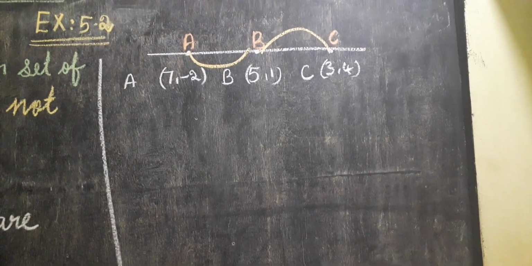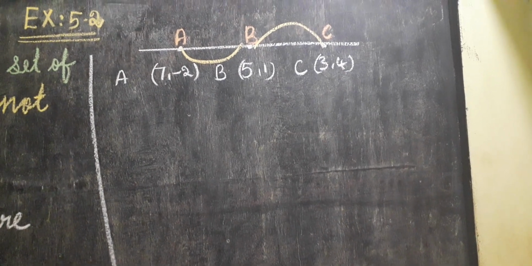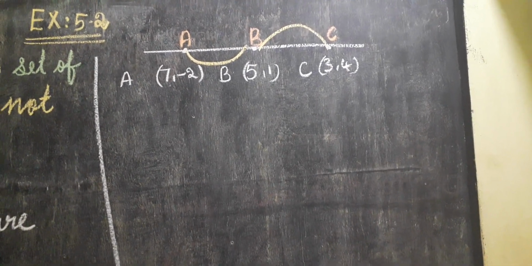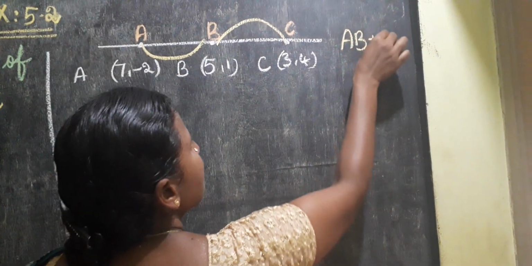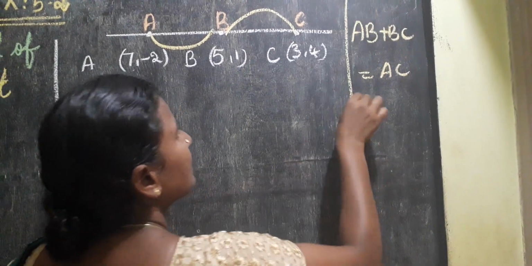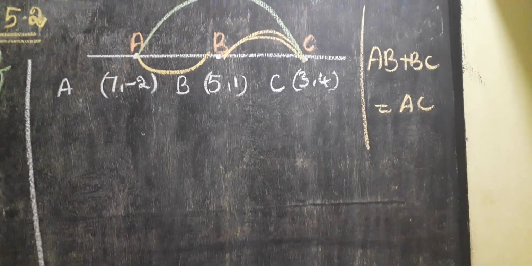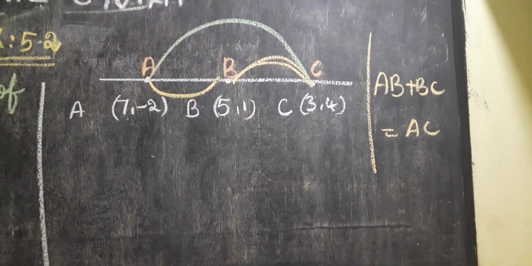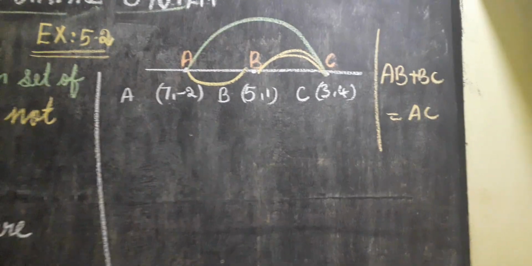At that time we get 3 answers. Then we add: AB plus BC is equal to AC. Clear? That is our aim.